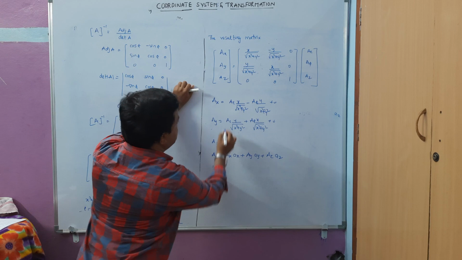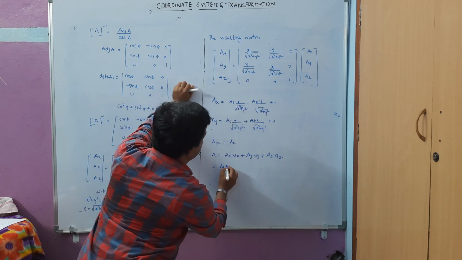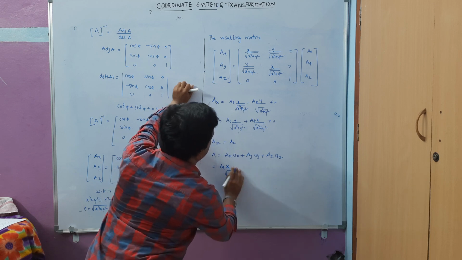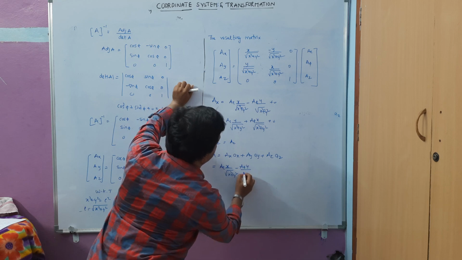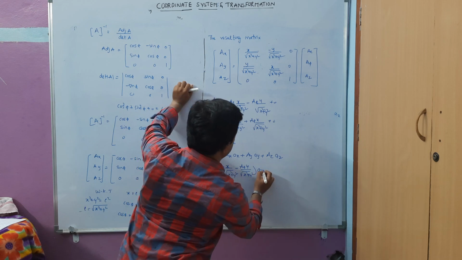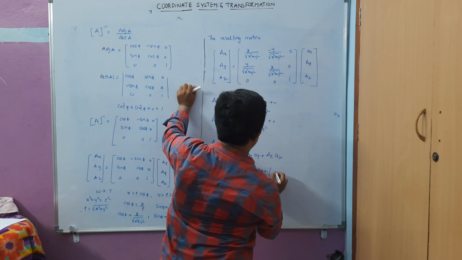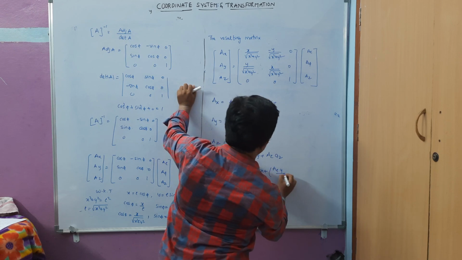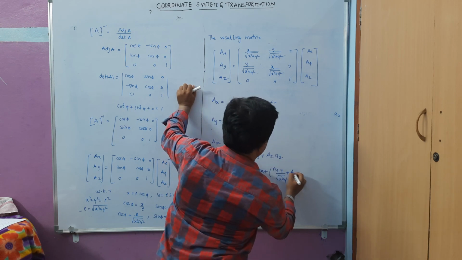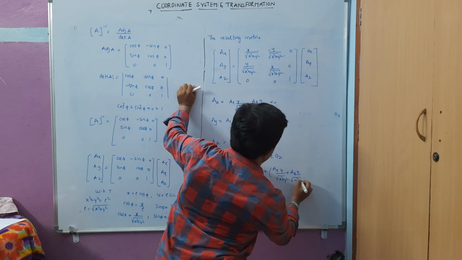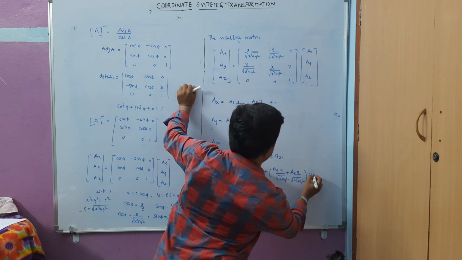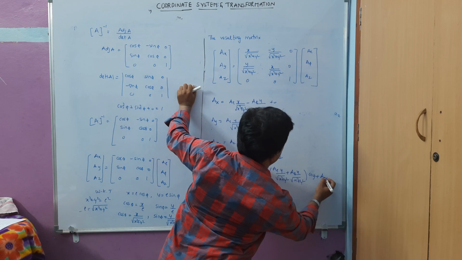For Ax we have got A rho x by square root of x square plus y square minus A phi y by square root of x square plus y square, into ax, plus A rho into y by square root of x square plus y square plus A phi into x by square root of x square plus y square, into ay, plus Az into az.